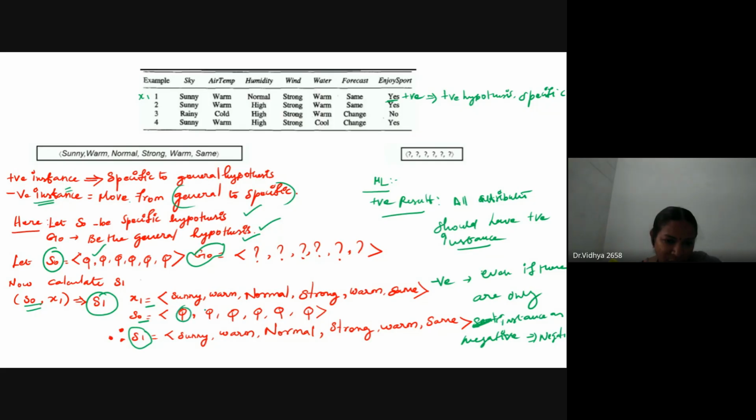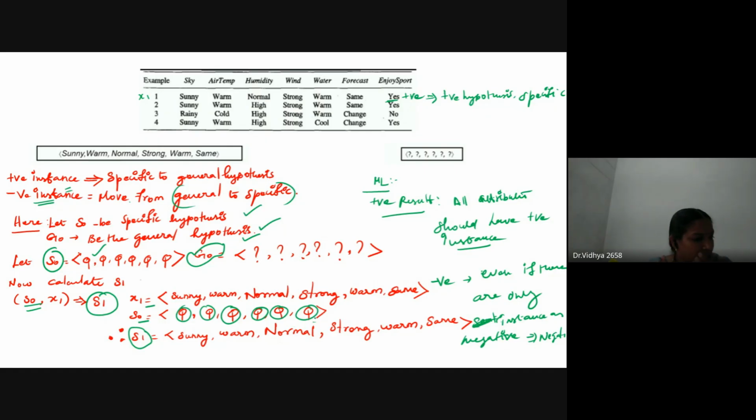S0 is obviously all the components of phi only. Anything compared with phi will be written with the same value, so it returns the same value of X1 as S1. So you will be getting sunny, warm, normal, strong, warm, same, as it is like your X1.